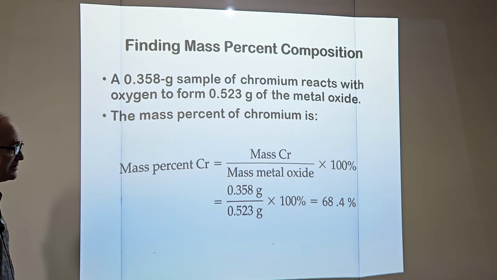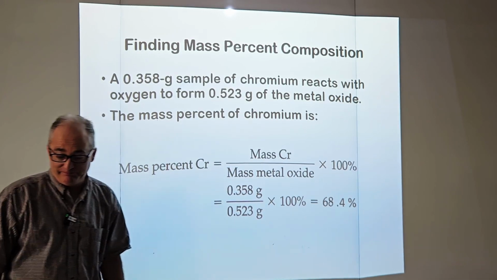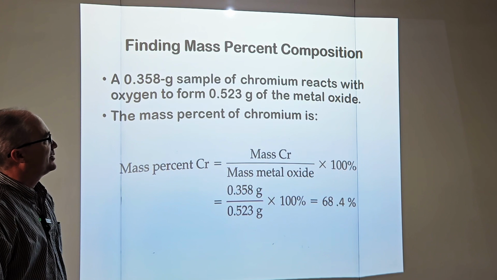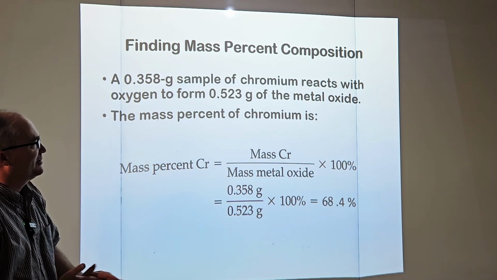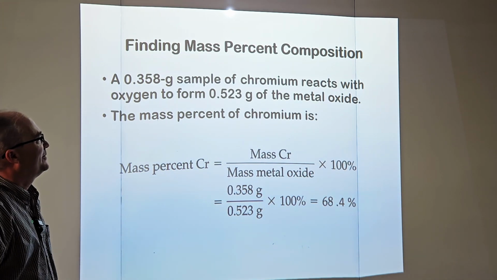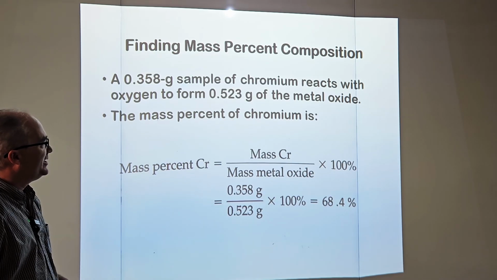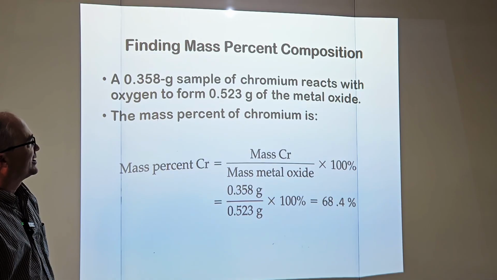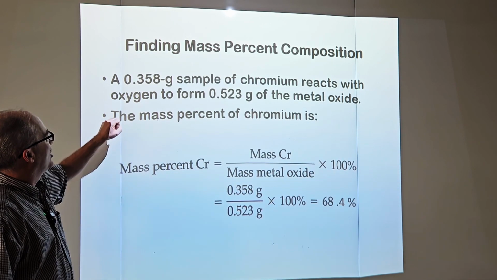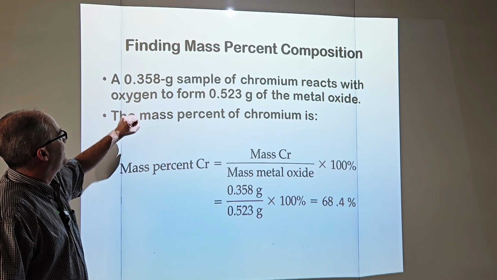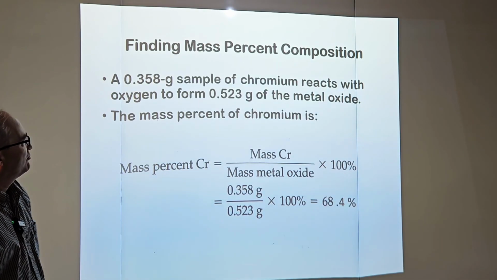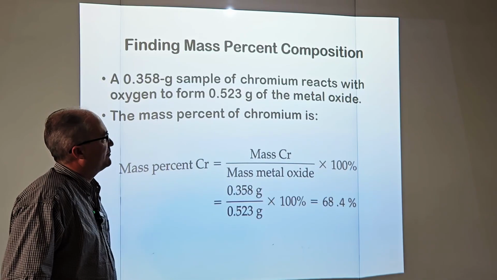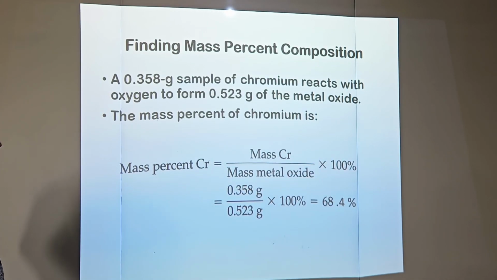So this is exciting because it's almost like a lab where you're a chemist and you take a mass of chromium metal, you got some pure nice chromium metal, and you weigh it out and you put it in some oxygen, maybe you heat it up, and then you get a compound that you weigh. A 0.358 gram sample of chromium reacts with oxygen and you form 0.523 grams of the metal oxide.